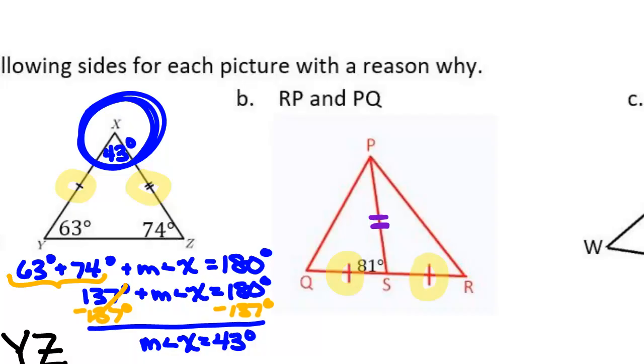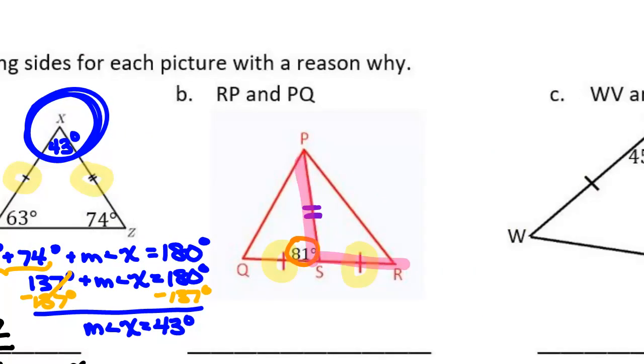The included angle on the left-hand triangle, here are my two marked sides, would be this one right down here. Sorry, not angle S, angle QSP. Angle S isn't clear enough. QSP is 81 degrees. The included angle on the other triangle, in between my two marked sides, is going to be this angle right here that's right next to the 81 degrees.